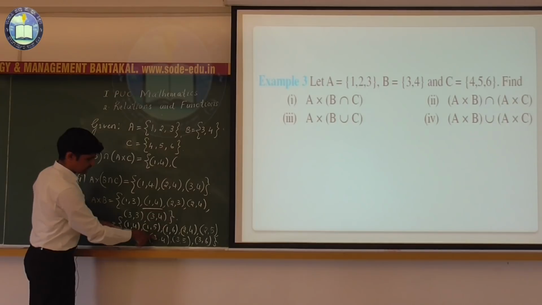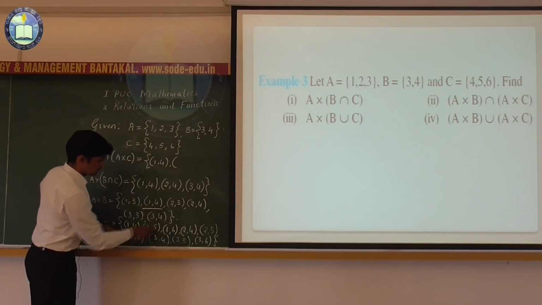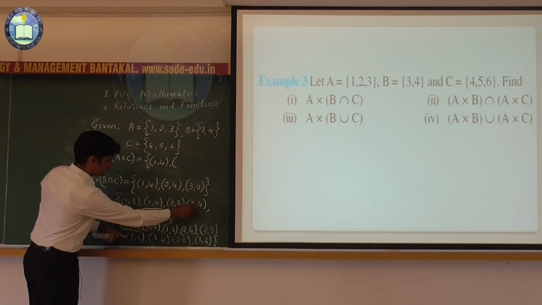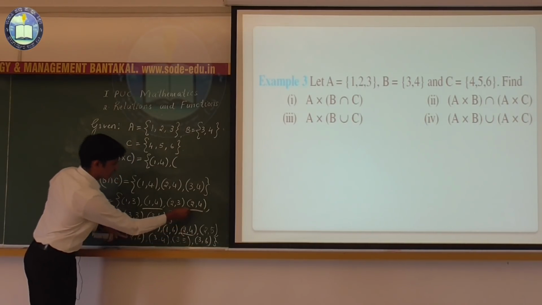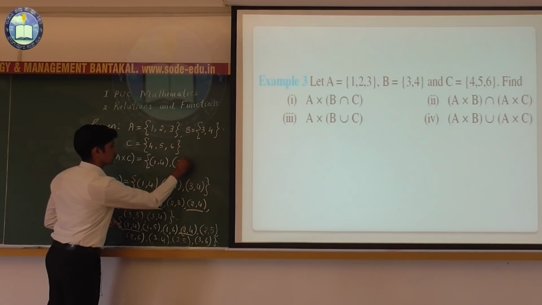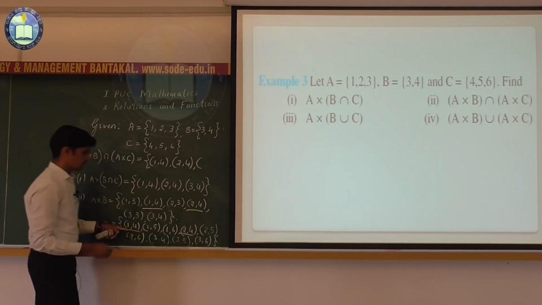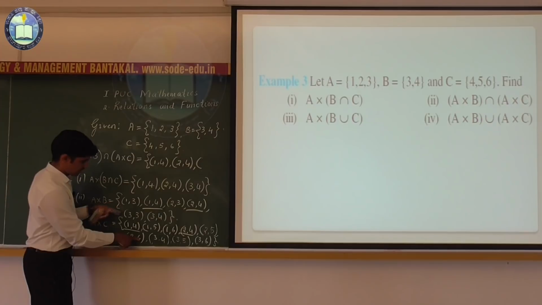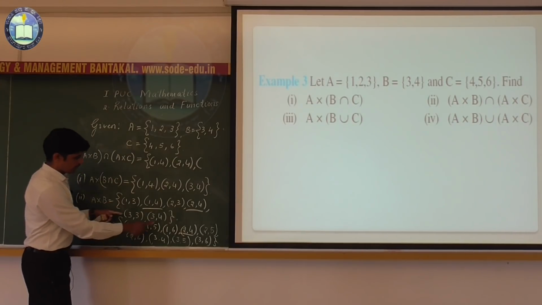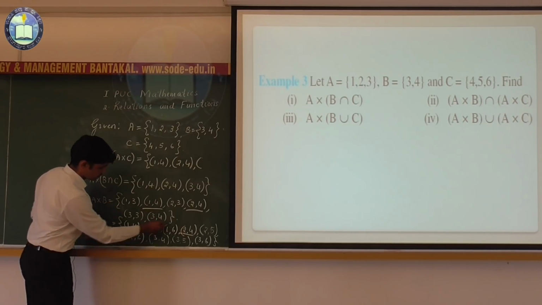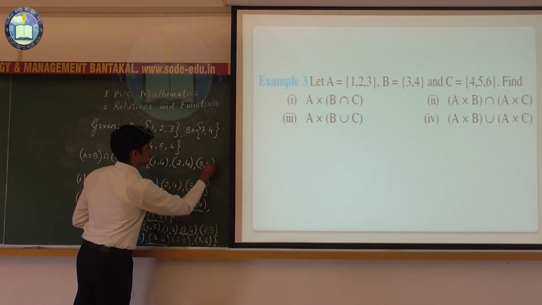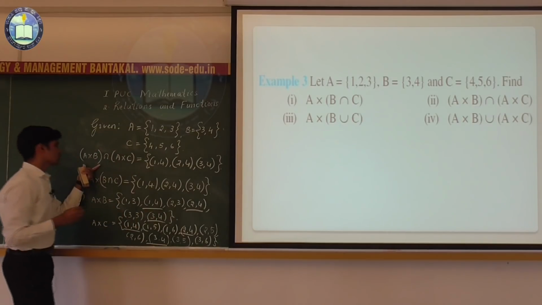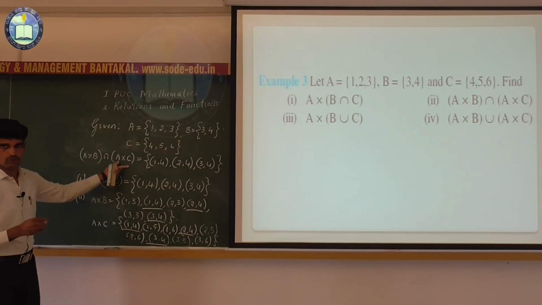Then (2,3) we don't have here. Then (2,4) is the common element among these two. So (2,4). Then we have (3,3) which is not there in the set A cross C. Then (3,4), the common element (3,4). So this is the (A cross B) intersection (A cross C).